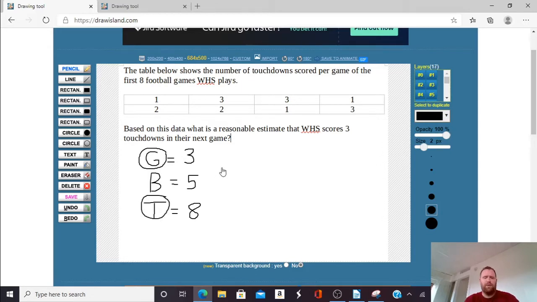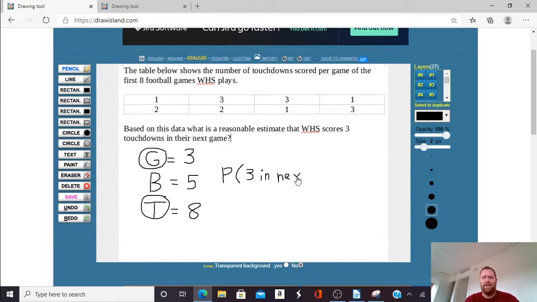And the probability that they score 3 touchdowns in the next game, and since I'm running out of room, I'm just going to abbreviate this.